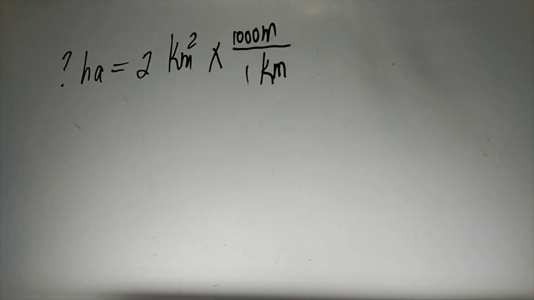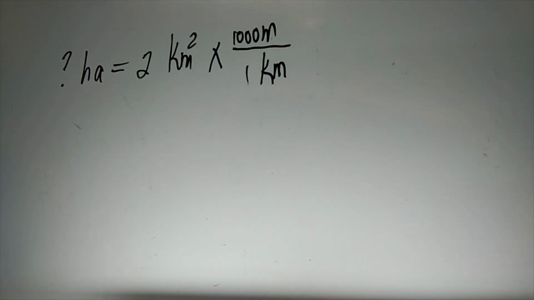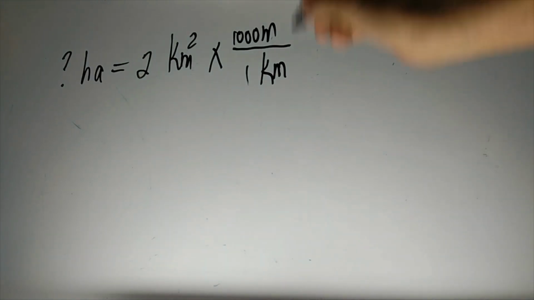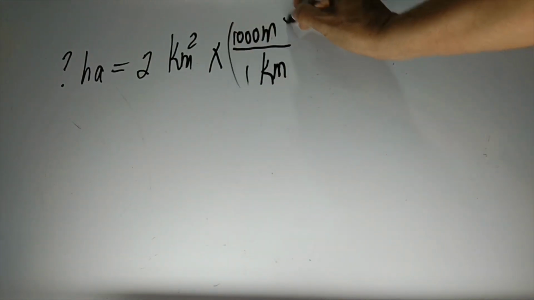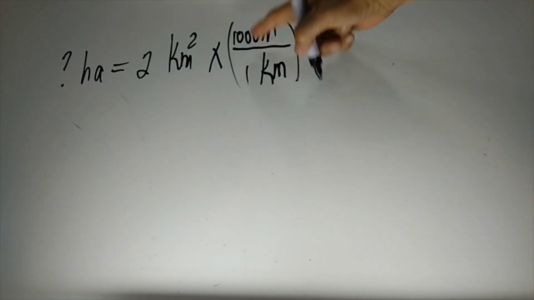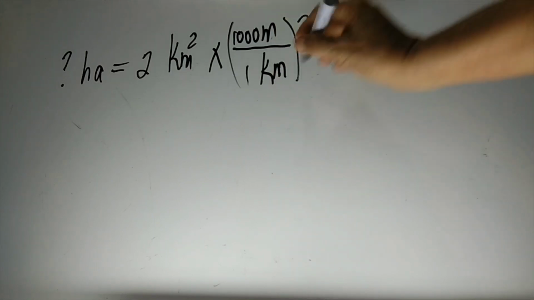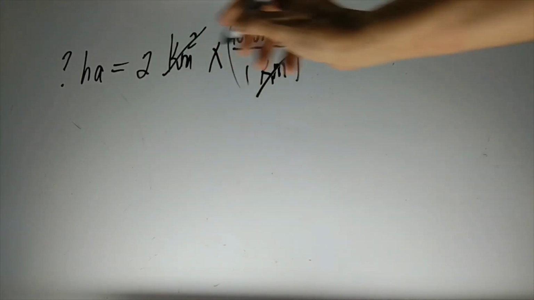Since our given unit is squared, we are also going to square the whole conversion factor. So this will be 1,000 squared, meter squared, kilometer squared. So the kilometer will be cancelled.